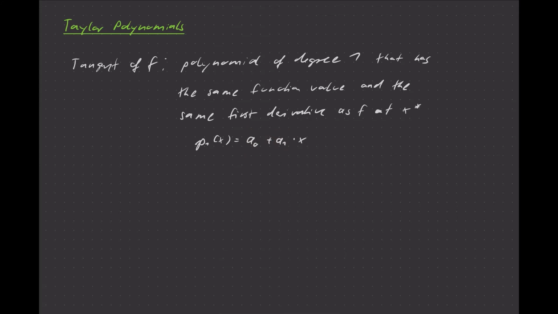And determining those, of course, requires that you fix the value of the polynomial at two different points, or you fix the value of the polynomial at a certain point, and you fix the derivative of the polynomial at that point. So we can have these two things that we require from our approximation: the function value and the derivative, and those will serve to determine these two constants here.